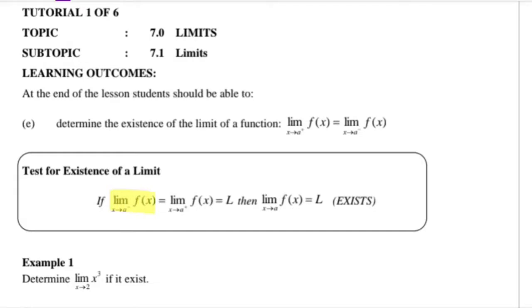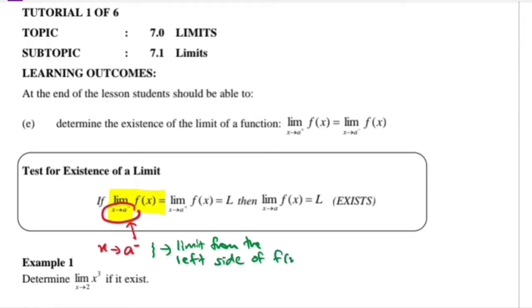When you look at the formula here, why is there a negative on top of a, a superscript of a? Well, that's because when it's written a to the power of negative, it means this is the limit from the left side of function f(x).